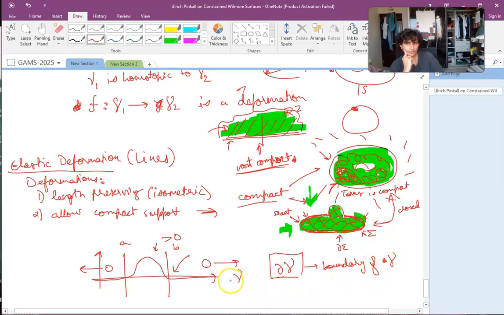Now the boundary is well defined, that is, the boundary is basically the points A and B, but everywhere within here this is both finite and it is bounded. So this is what it means for compact support.